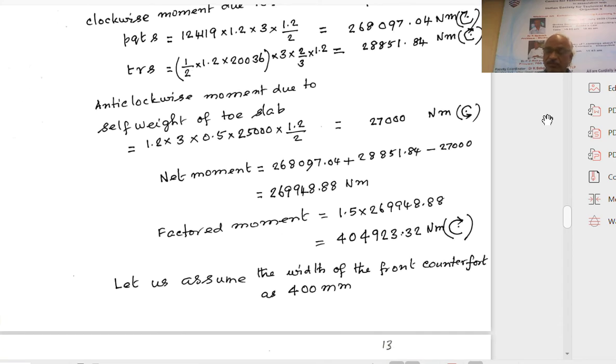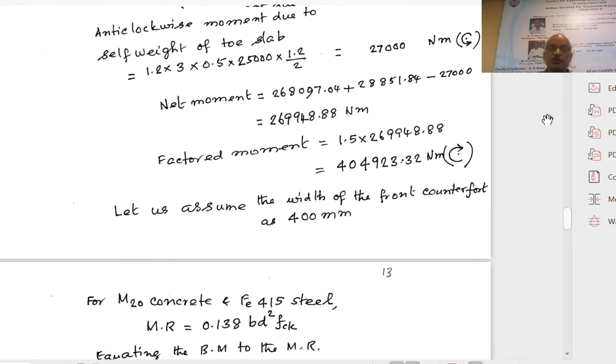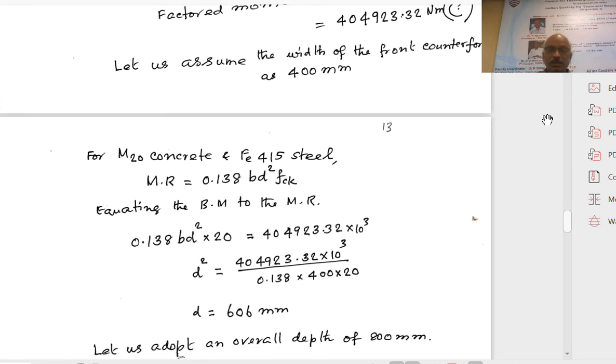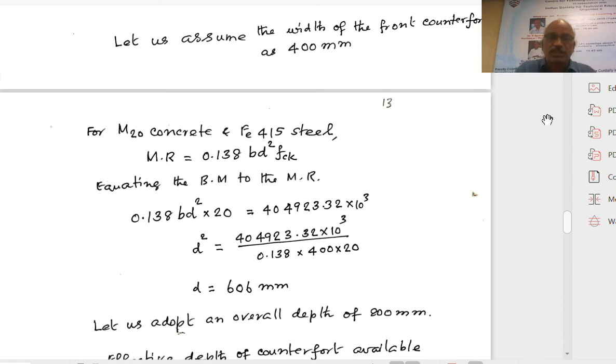Let us assume the width of the front counterfort, that is in the length direction, the width of the counterfort is 400 mm. It is assumed as 400 mm. So for M20 concrete, this is our usual design procedure. For M20 concrete and Fe415 steel, we know moment of resistance equal to 0.138 fck b d square.